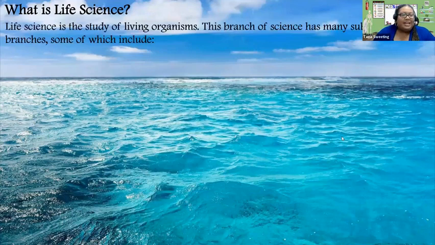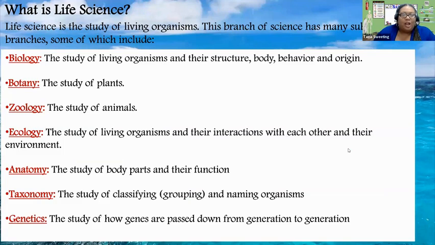So in life science, we study living things, living organisms. And this particular branch of science has a lot of sub-branches, some of which include biology, botany, zoology, ecology, anatomy, taxonomy, and genetics. So these are some, not even all, of the sub-branches of life science.